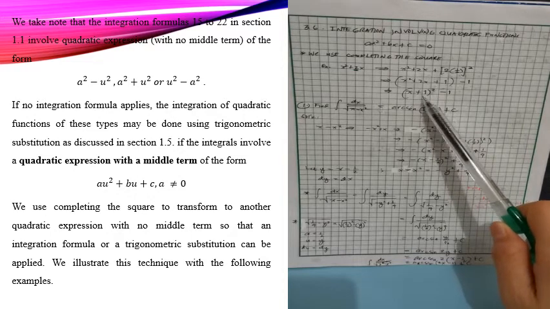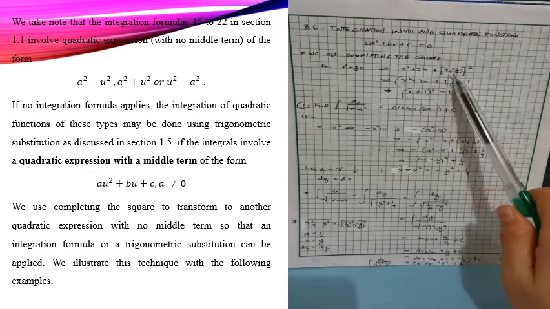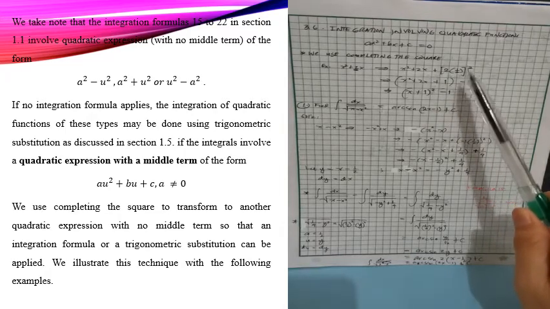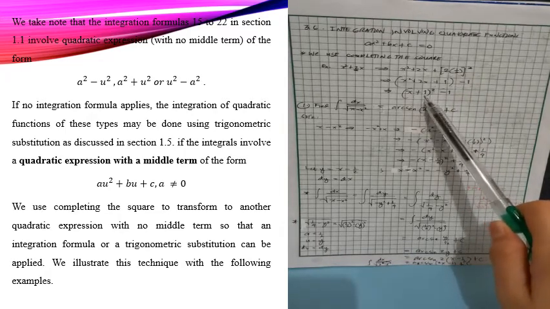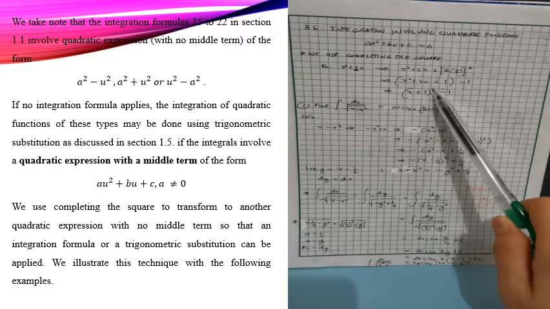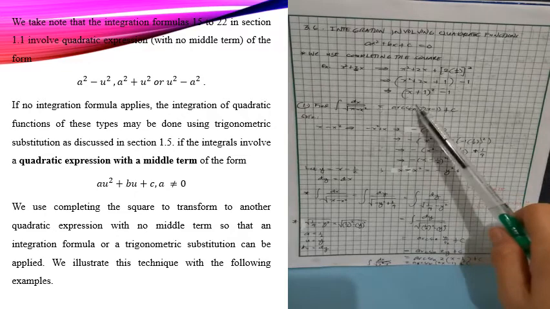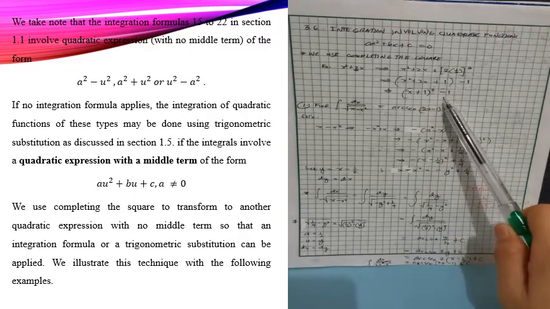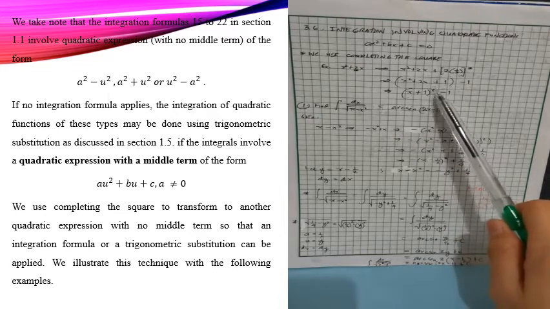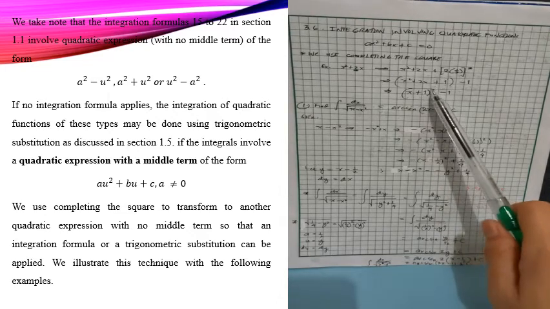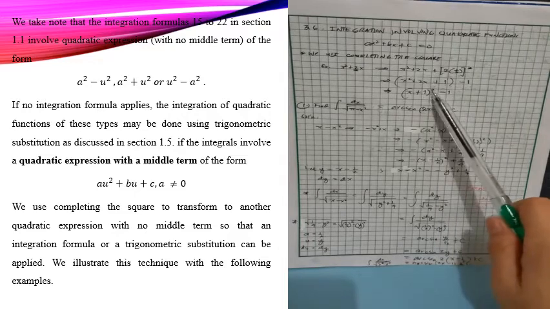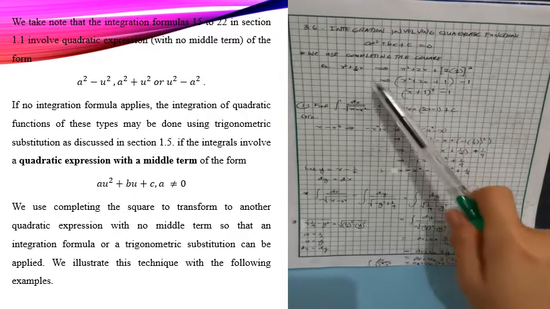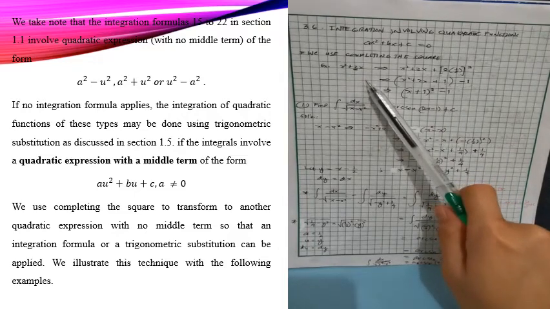Okay, so x plus 1 quantity squared, si quantity nasa labas niya. Kasi pag in-expand natin to or kinuha natin yung product niya, babalik tayo dito. And then, minus 1. Diba? Try to check ha. Get the product of this and then minus 1 kayo. Babalik kayo doon sa original na function.